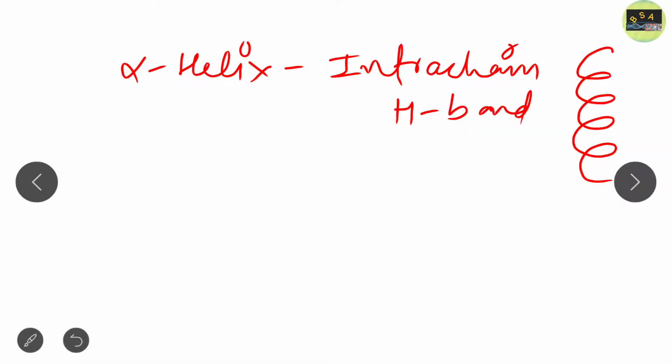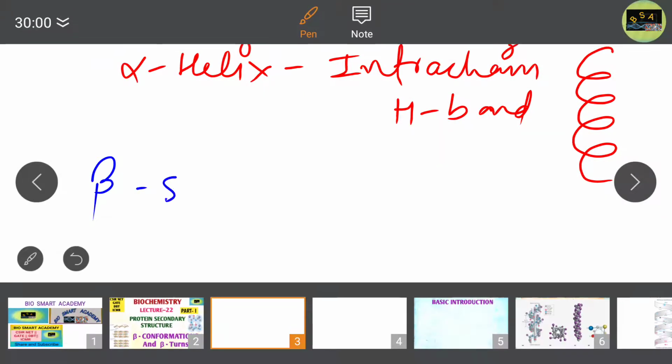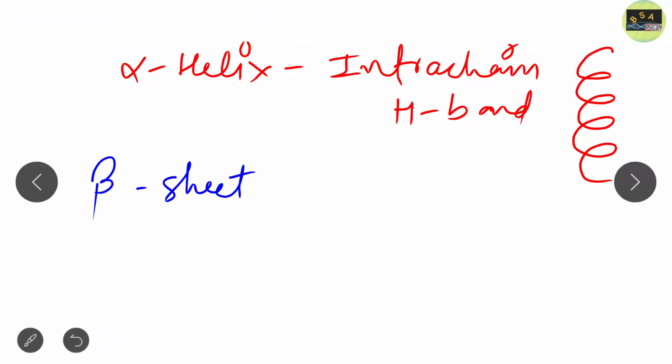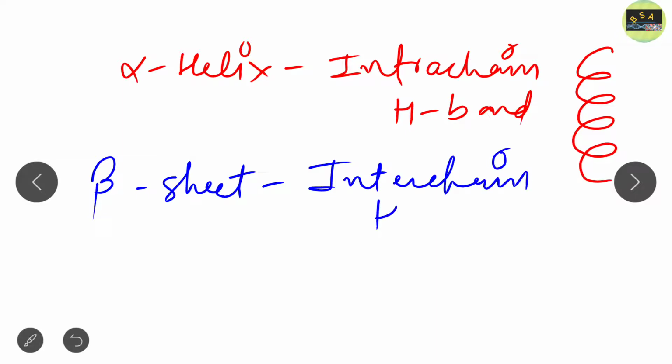But in case of beta sheet, the hydrogen bond that is formed is an interchain hydrogen bond. So why interchain? Because in case of beta sheet, the hydrogen bond is formed between two segments. For example, this is one segment and this is another segment.